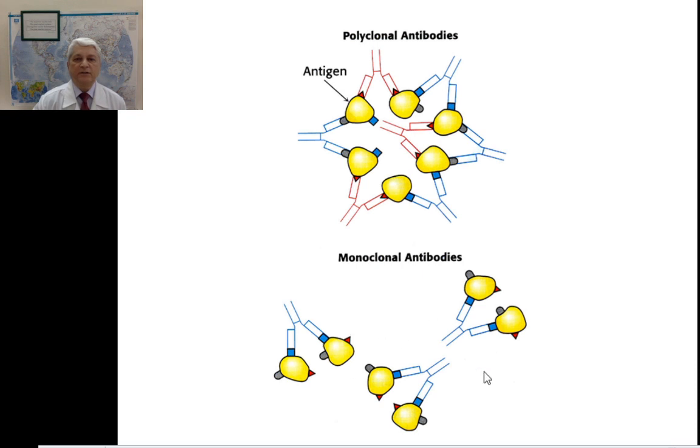Look, with this yellow one also, but all of them have completely equal primary structure. Because they were produced, they were synthesized by one clone of B lymphocytes.